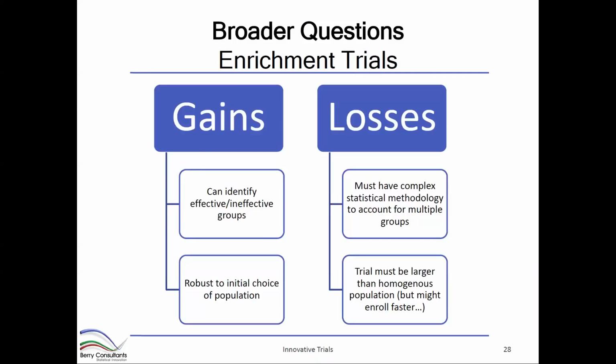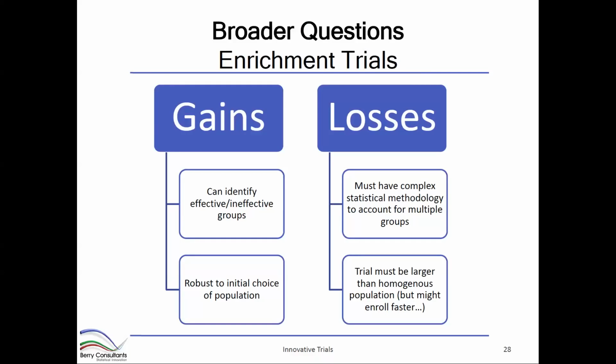The losses here: because you have multiple groups, because you have adaptive features, you're adding and subtracting groups of people, you're going to have a complex statistical methodology to keep track of that. You need to make sure at the end of the day you're going to get the right population or something very close to it, and you're not going to be making a lot of errors.